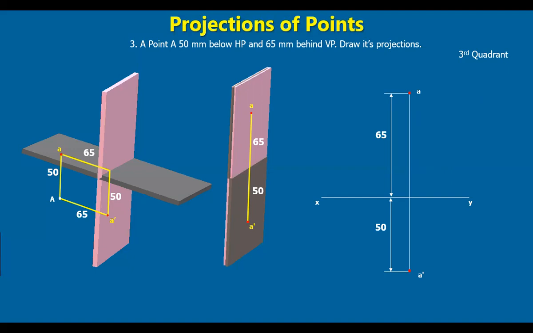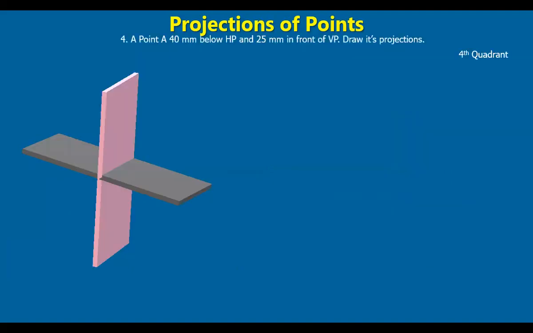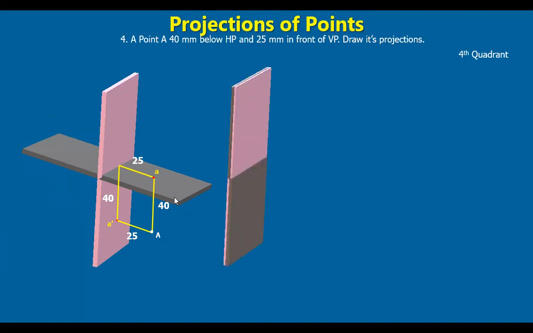Okay, now take another point. So 40 mm below HP, this is 40, 25 in front of VP. So this is in the fourth quadrant. Draw projectors again as it is. You get the front view and top view. Mark these distances here. Now let's rotate the horizontal plane.